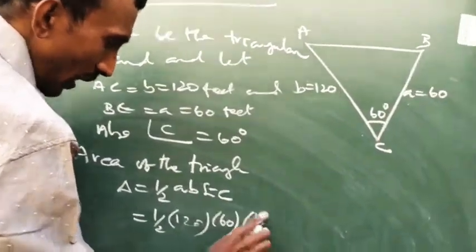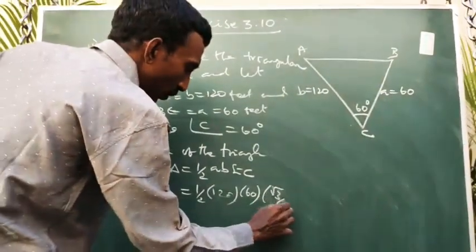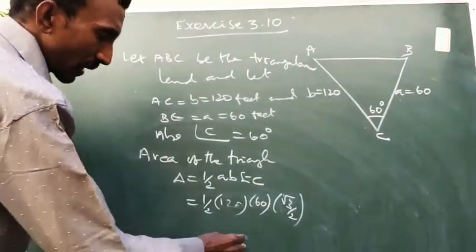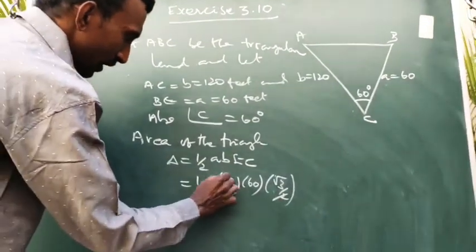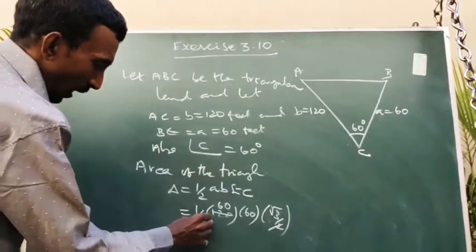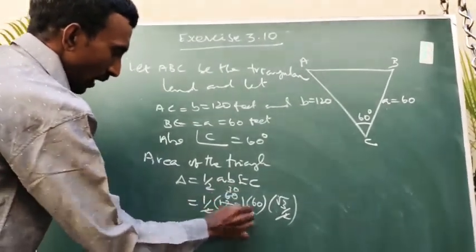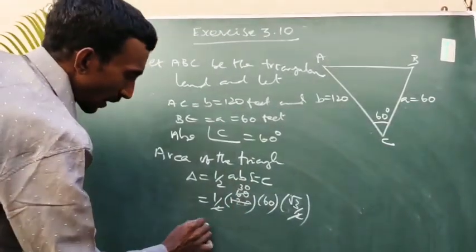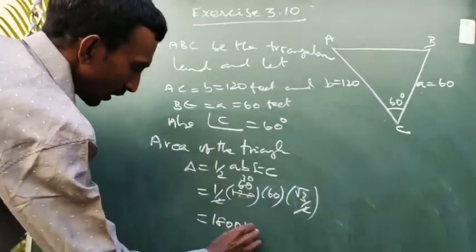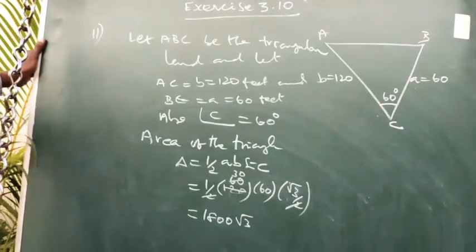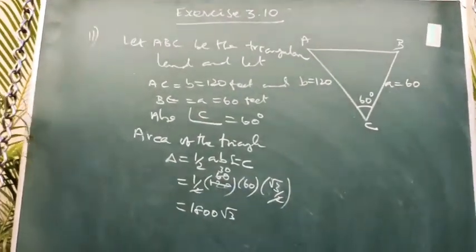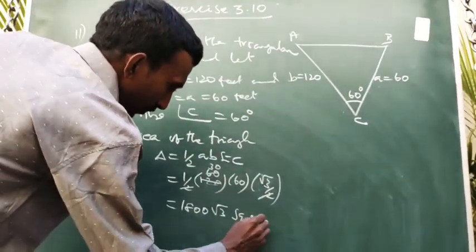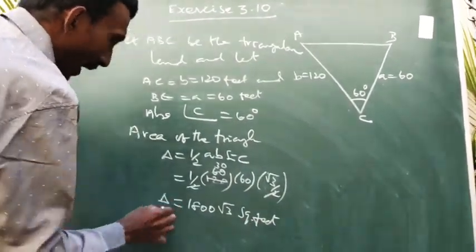Sin 60 is root 3 by 2. If you want, you can cancel it. So 30 into 3 times 6 is 18, so 1800 root 3 square feet is the area of the triangle.